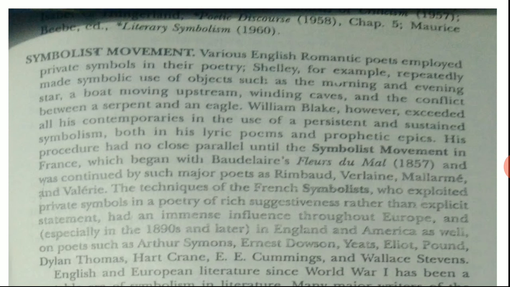English and European literature since World War I has been a notable era of symbolism in literature. Many major writers of the period, poets, novelists, and dramatists, all exploit symbols which are in part drawn from religious and esoteric traditions and in part developed by themselves. So, even in modern literature, we find both types of symbols in use.